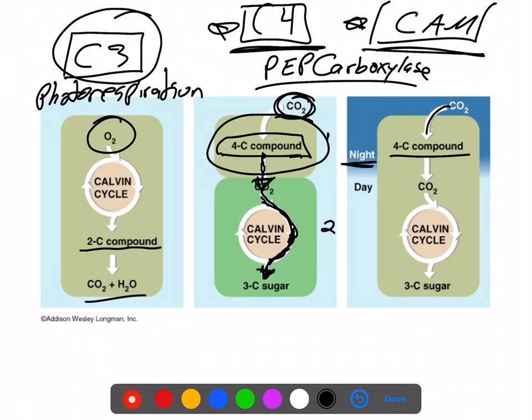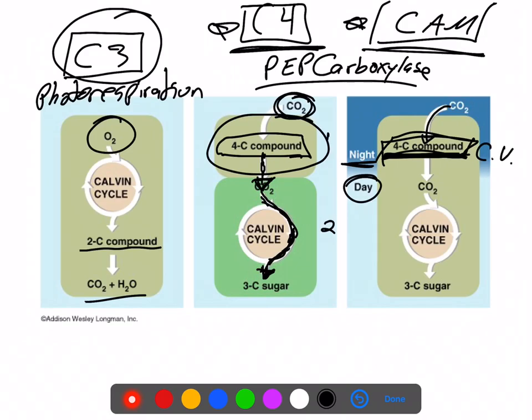All right, how does a CAM plant do it? The CAM plant only opens up the stomates at night. That's when it traps CO2 into a 4-carbon compound. At night, it makes sense because at night it's cooler. It's not hot. It still might be dry, but at least you're not dehydrating because of heat.